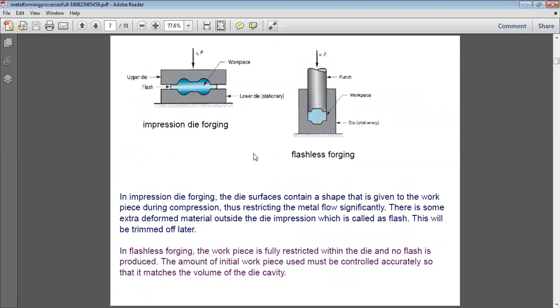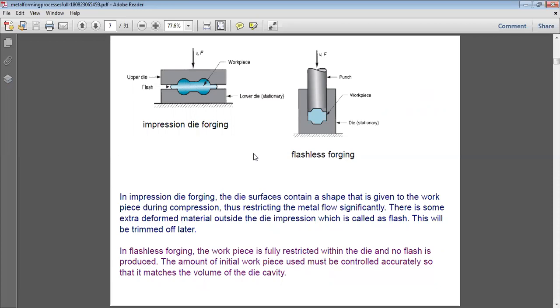impression die forging. Now impression die forging is somewhat similar to this, but there is an impression, or we can say a cavity, and plus a small gap is kept between the two dies. In impression die forging, the die surfaces contain the shape that is given to the workpiece during compression. So a cavity or a shape is already given to the die, thus restricting the metal flow significantly.